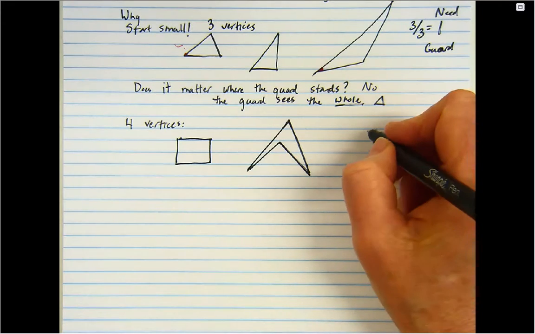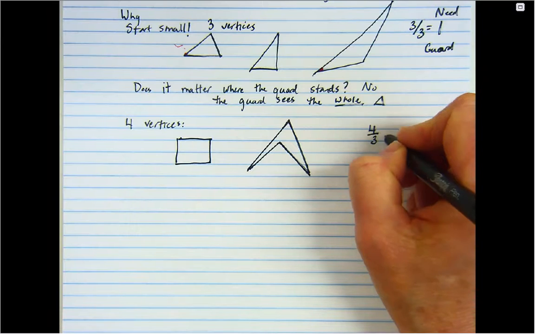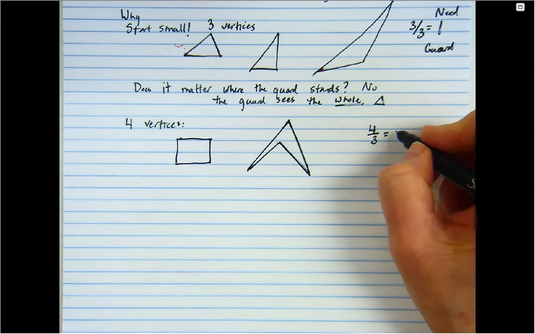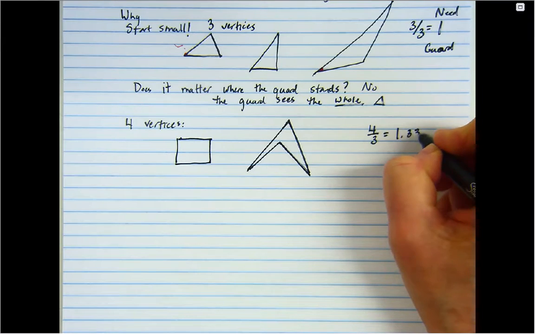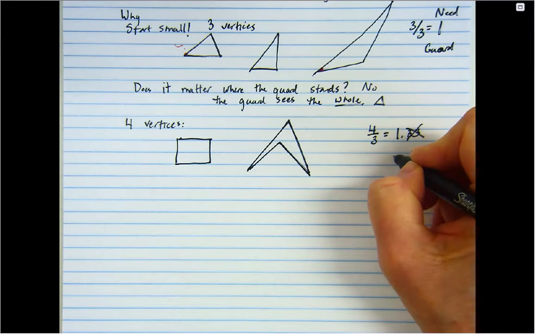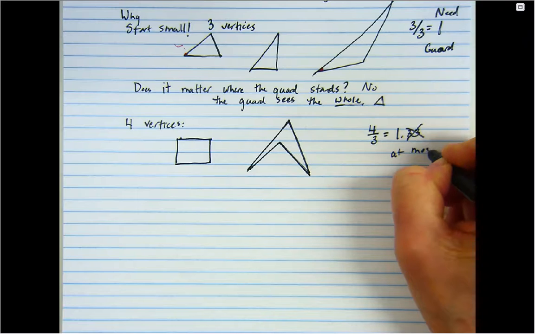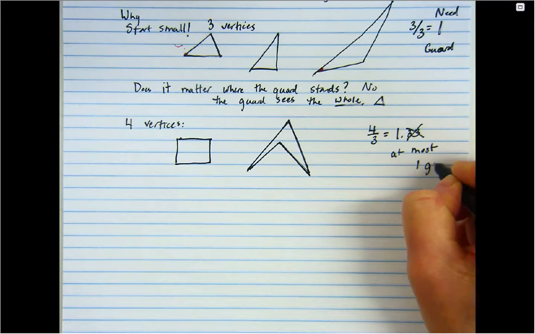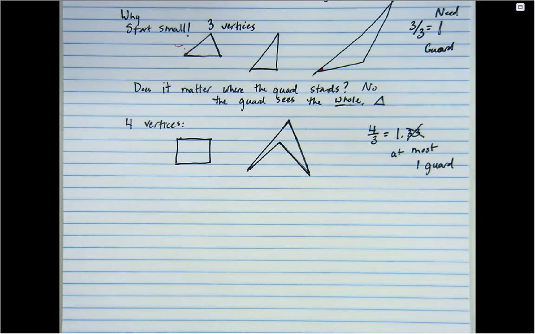The art gallery theorem says I need 4 divided by 3, at most 4 divided by 3. I don't need any more than that, which is 1.33, and again we can cross off the decimal part and just have 1, not 1.33, at most 1 guard.